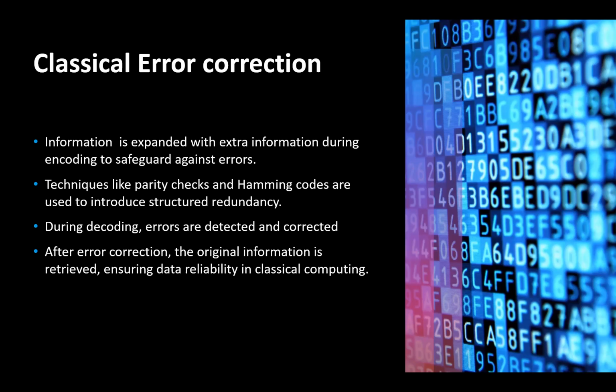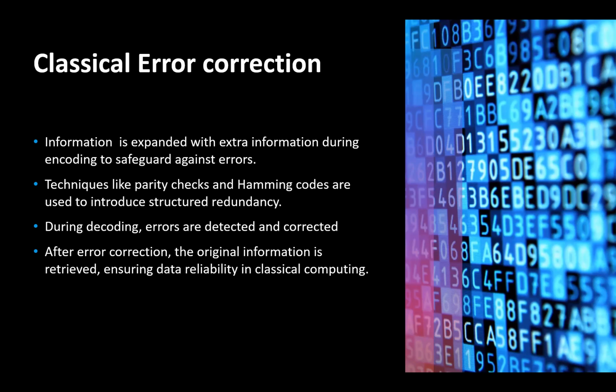We have information, we make replicates of it, we increase the information, and then we transmit it. Techniques like parity check and Hamming codes are used to introduce structured redundancy. During decoding, errors are detected and corrected.